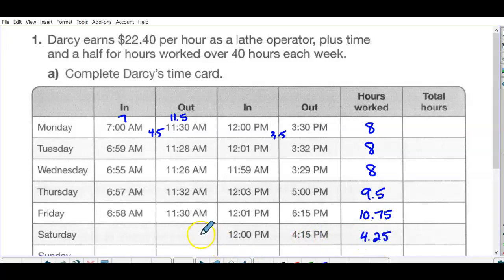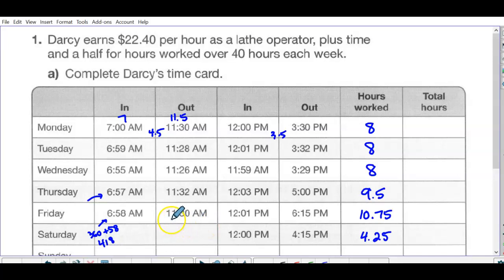Okay. So if you get confused with the minutes and stuff like that, then what you could do is convert all to minutes. So 6 times 60 is 360 plus 58 would be 418 minutes.